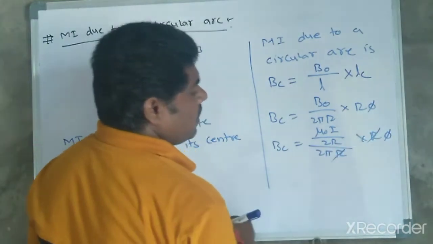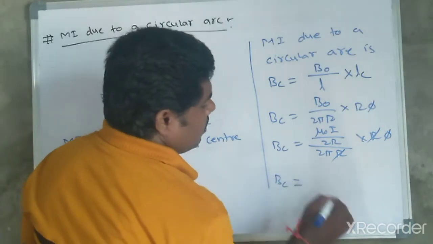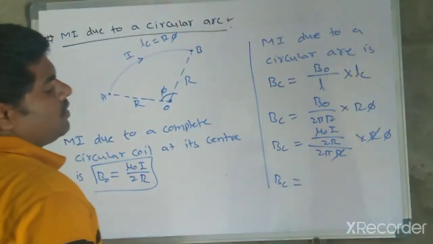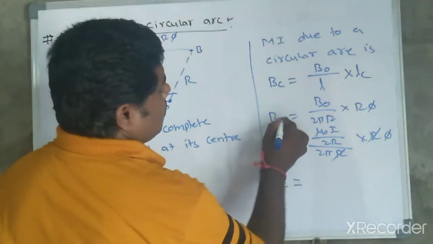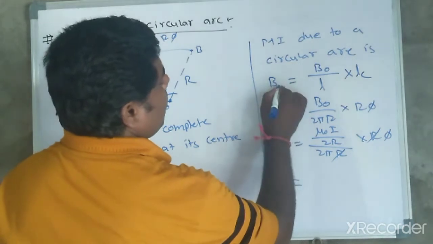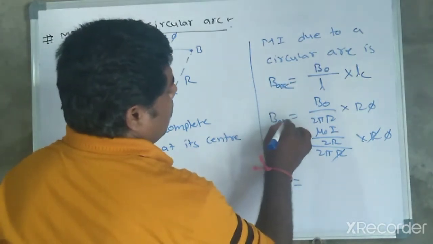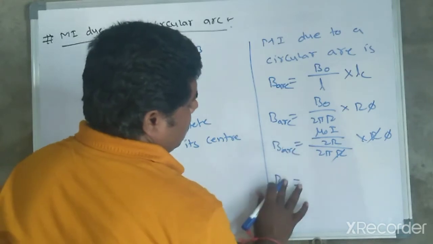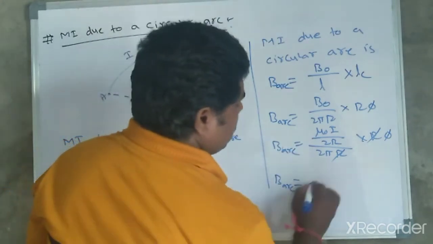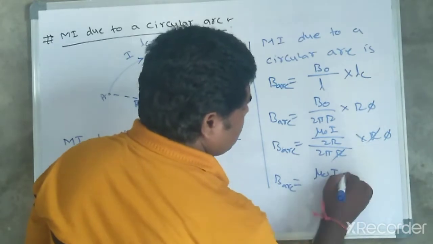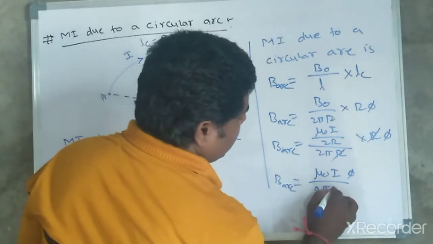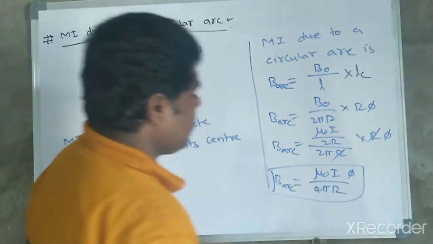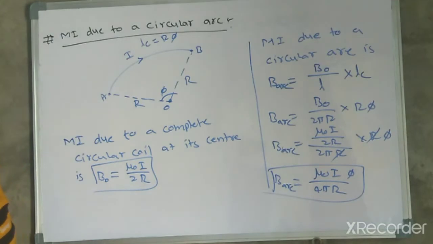One R gets cancelled. So the remaining BC, the circular coil arc value, finally is mu naught I into phi divided by 4 pi R. So now this is the arc magnetic induction.